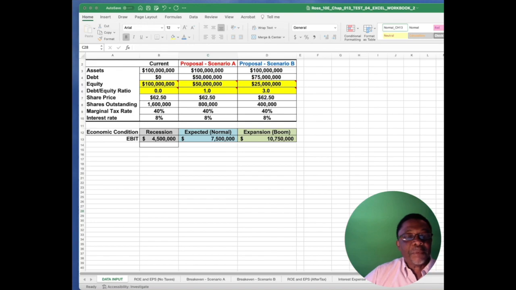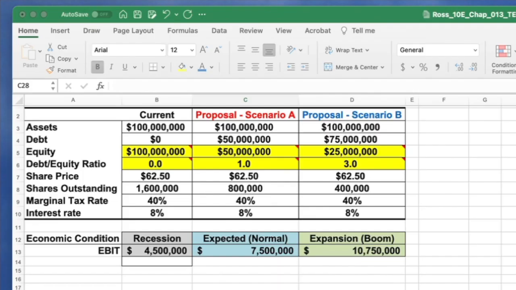Now in scenario B, the firm borrowed $75 million, and they took that $75 million and repurchased 1.2 million shares at $62.50, thus dropping the total outstanding shares from 1.6 million down to 400,000.